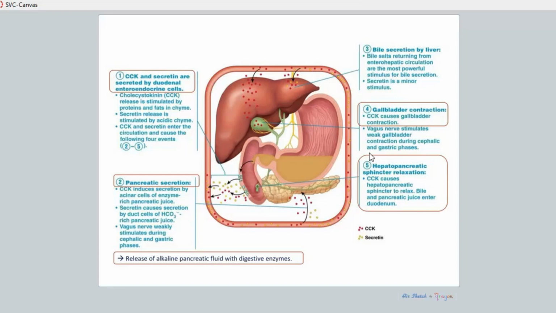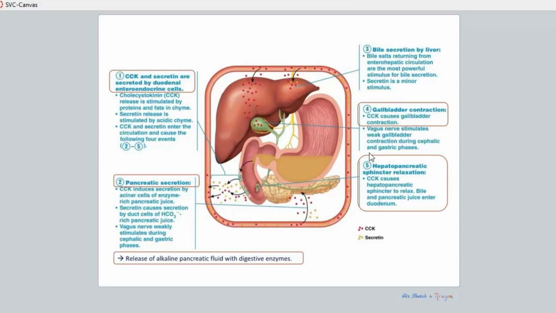Proteins and fats in the small intestine cause the release of CCK. The presence of acidic chyme in the small intestine causes the release of secretin. So food particles and chyme in the small intestine cause the release of these two hormones, and they cause an appropriate response.